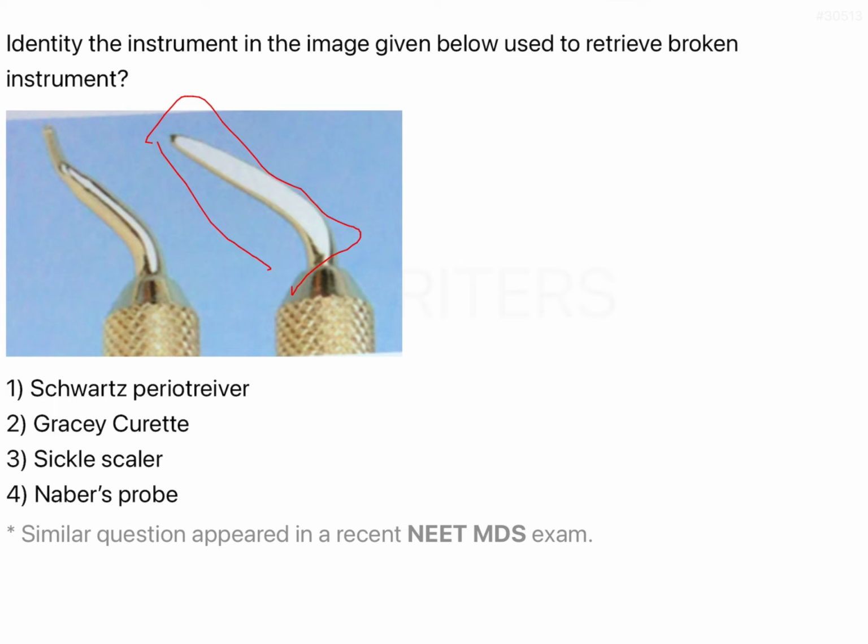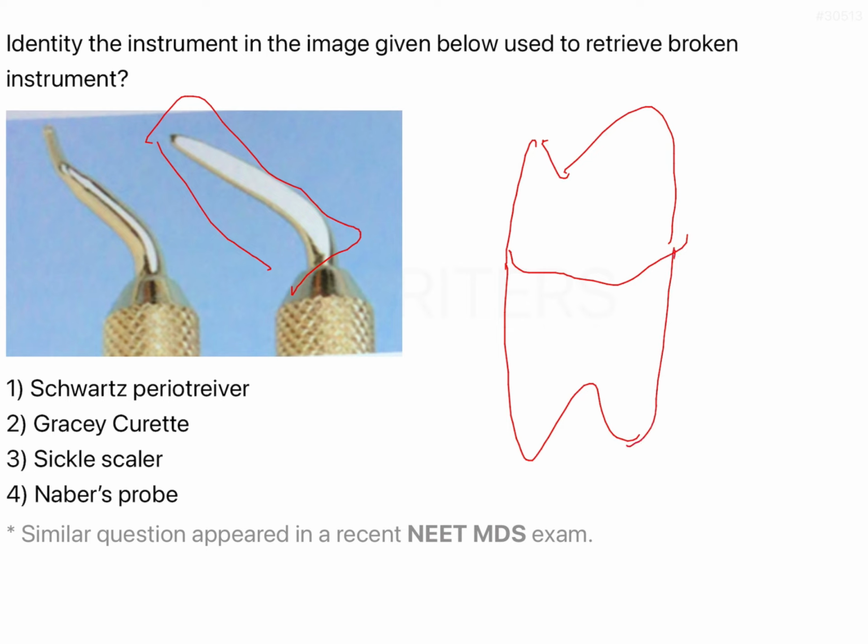What do you mean by this horizontal component is, when this is the crown of my tooth, and this is the root, and this is the furcation, my Naber's probe is going to basically go in this region like a hook. Okay, so if that hook is able to go inside, that means there is furcation involvement.